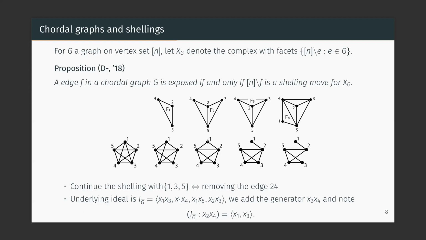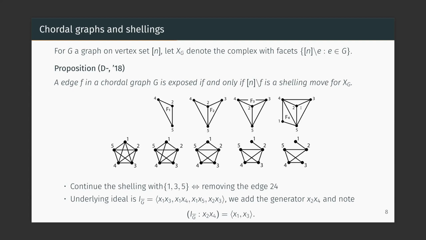Then when I remove 1, 4, that's the same as adding 2, 3, 5. And that's a shelling move, right? So F2 intersects F1 in an edge. And so on. Every time I remove an exposed edge here, it's a facet that I'm adding that is a shelling move of the corresponding complex.